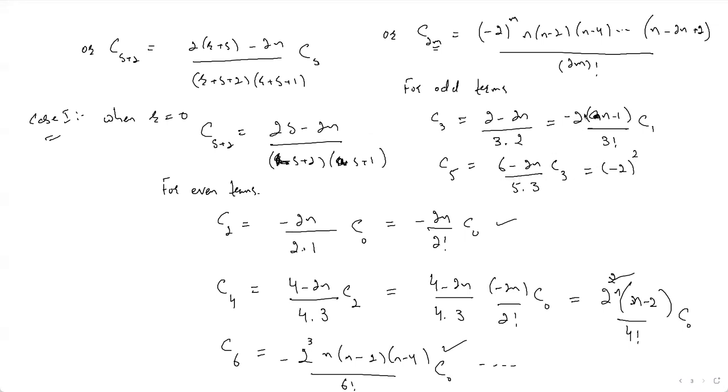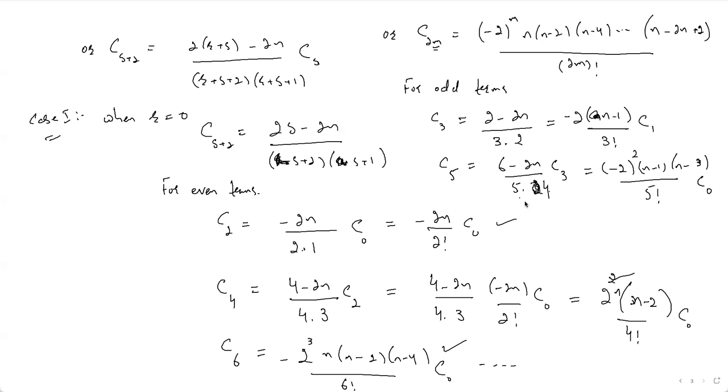This will be n minus 1 into n minus 3, not n minus 2, because this is 3, divided by 5 into 4 into 3 factorial, that is simply 5 factorial. Then we have c1.